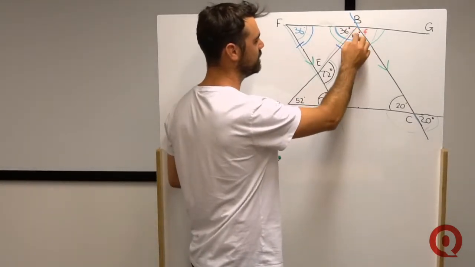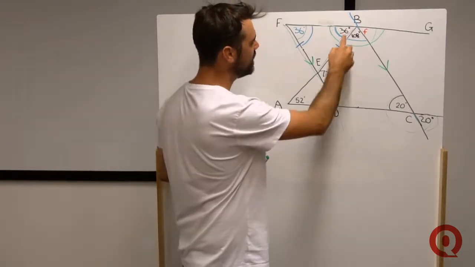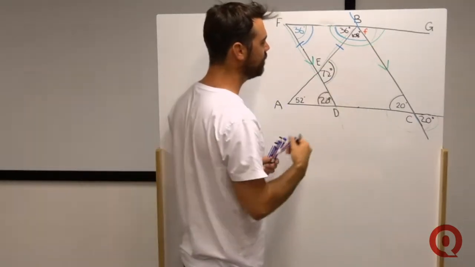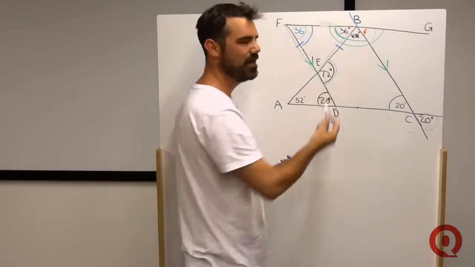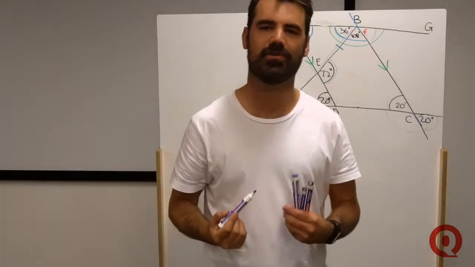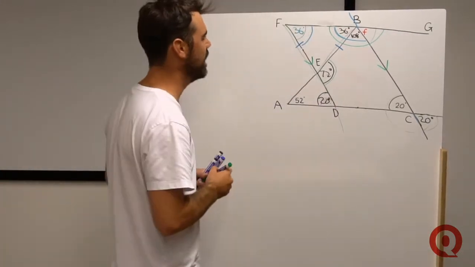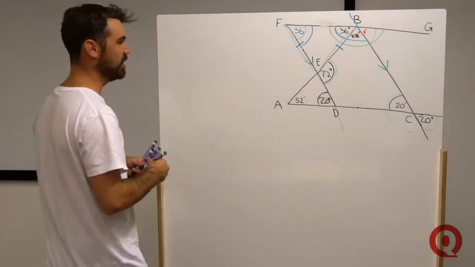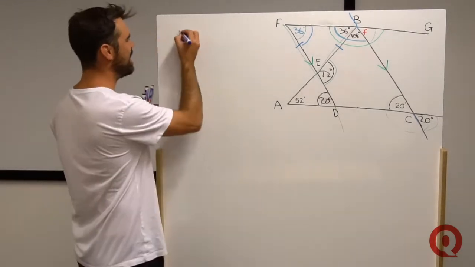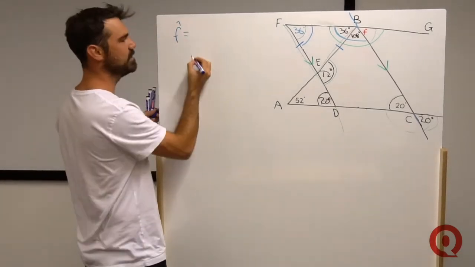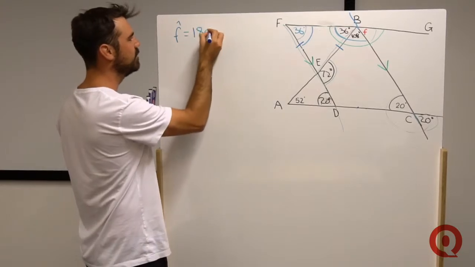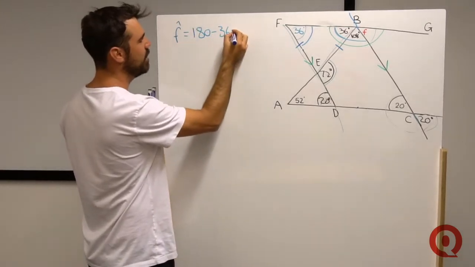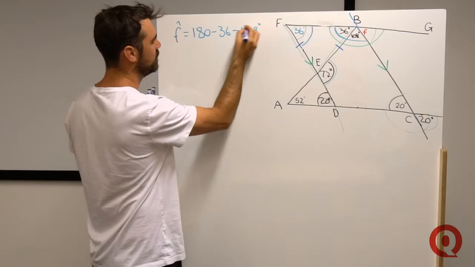That's where angles meet. So all of these angles, F plus this one, must be equal to 180 degrees. They are supplementary angles. So I'm going to say that angle F is equal to 180 minus 36 minus 108.